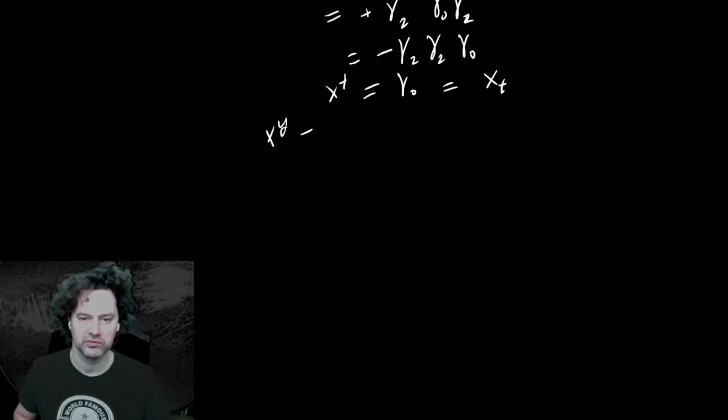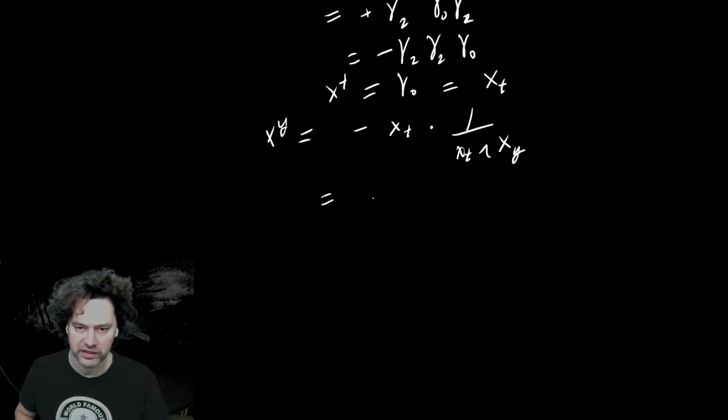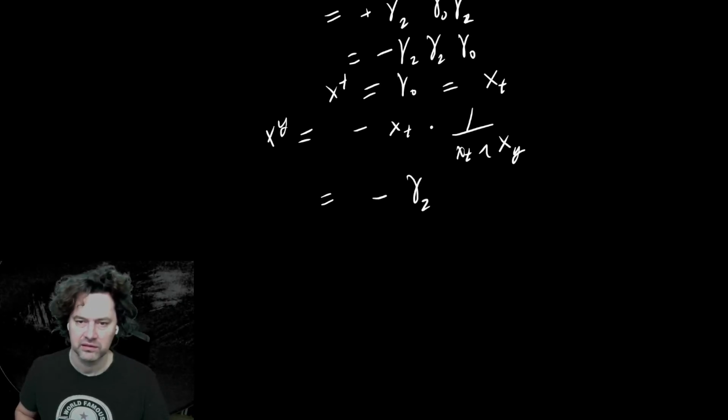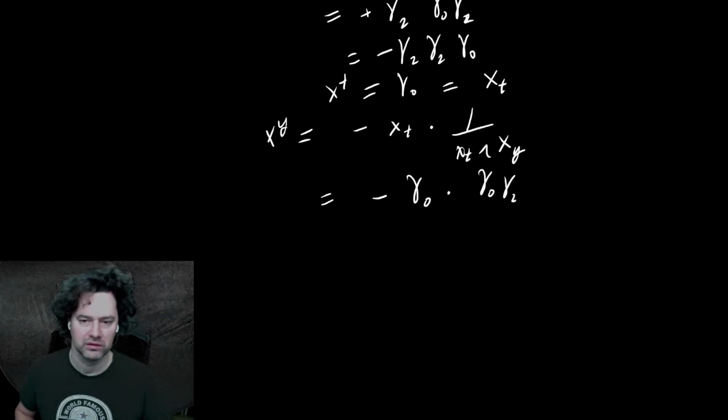Now let's do our x^y. So our x^y is going to be minus x_t over x_t wedged with x_y. And we've already found this, so we have minus gamma naught dotted with gamma naught and gamma 2, which is just the product of these.